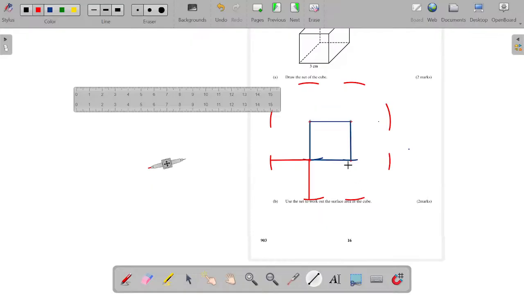We are now joining. This is how it should look like.